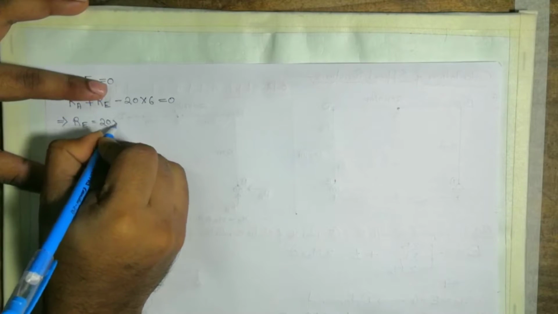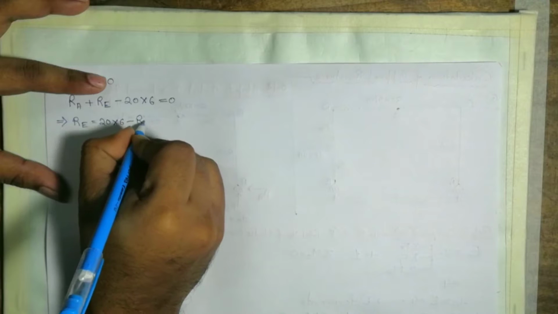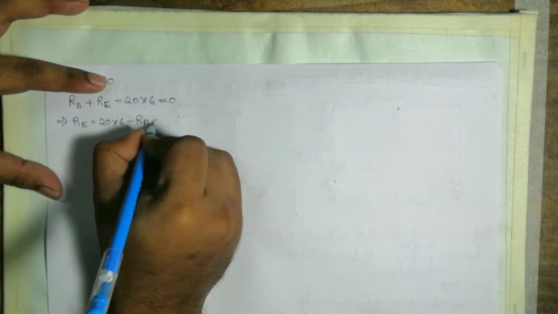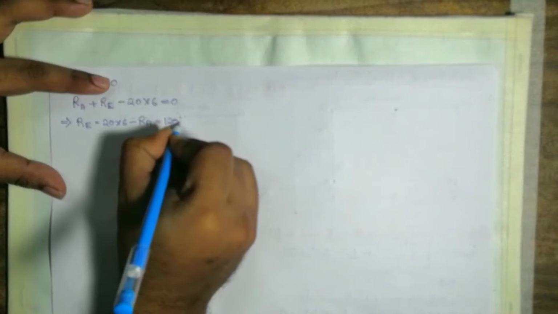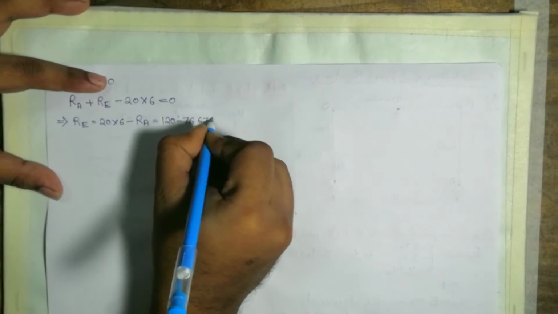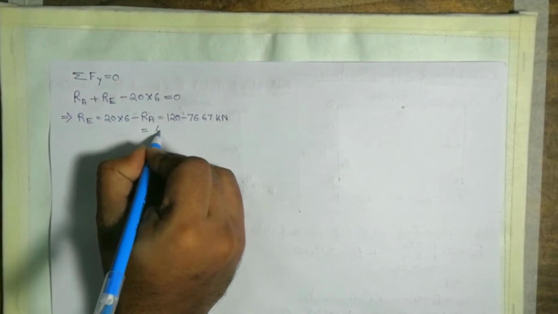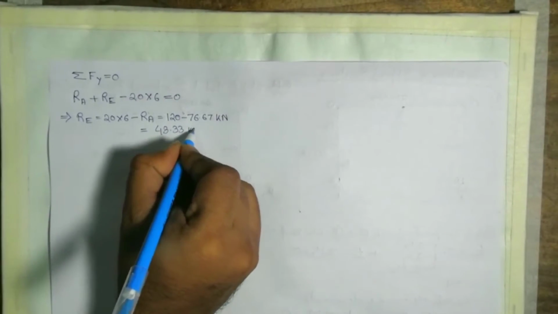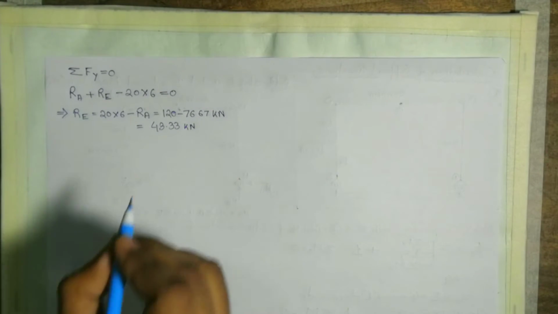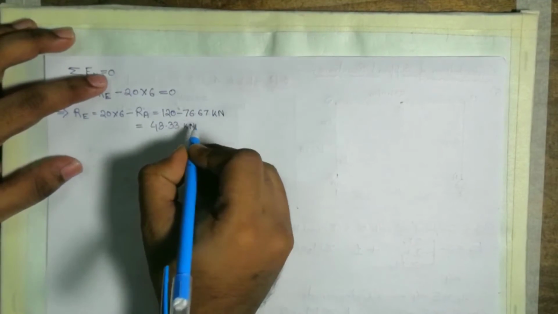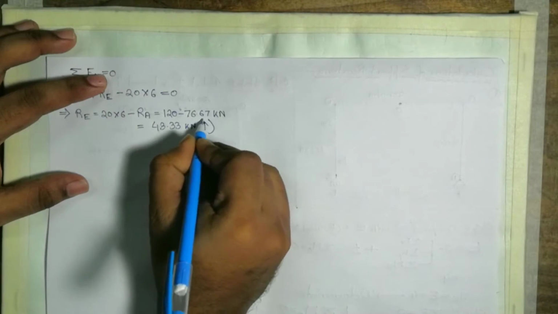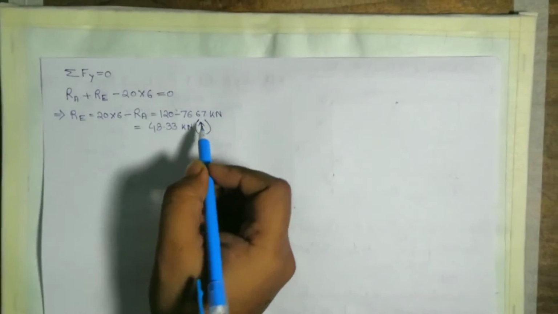So RE is 20 into 6 minus RA, which is 120 minus 76.67 kilonewton, that is 43.33 kilonewton. Our assumed direction is also correct in this case, so RE is 43.33 kilonewton acting upward.